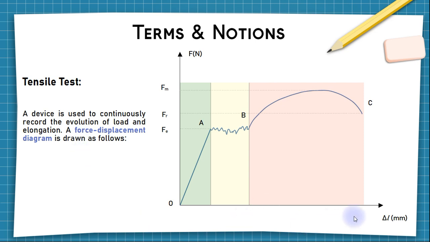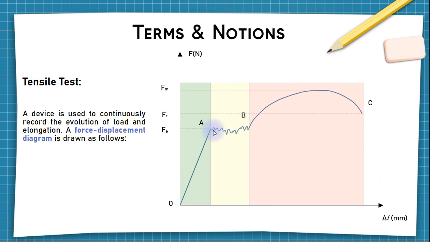So the elongation, not to be confused with strain, are quite different but are related, and I'll show you how they are related. So this is how the force displacement diagram is drawn. So you see here, this is the force displacement diagram. Note well how it has three notable parts.